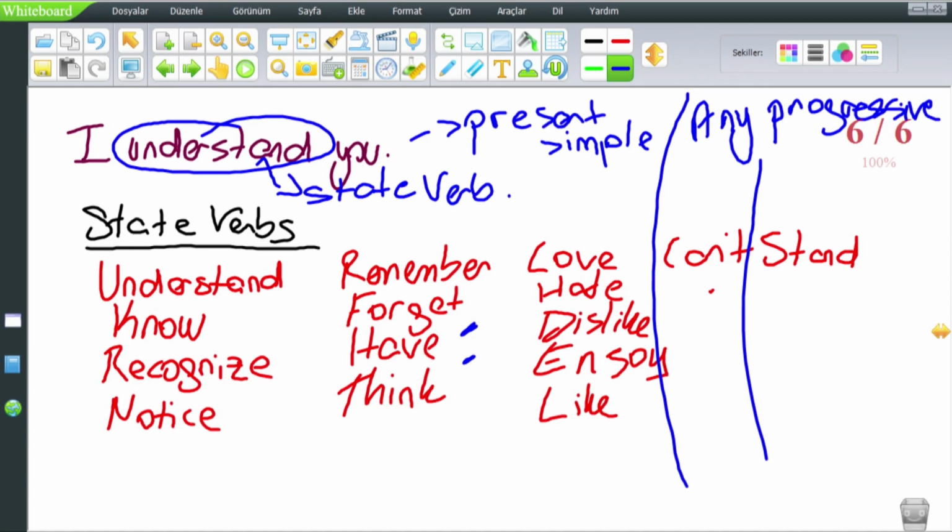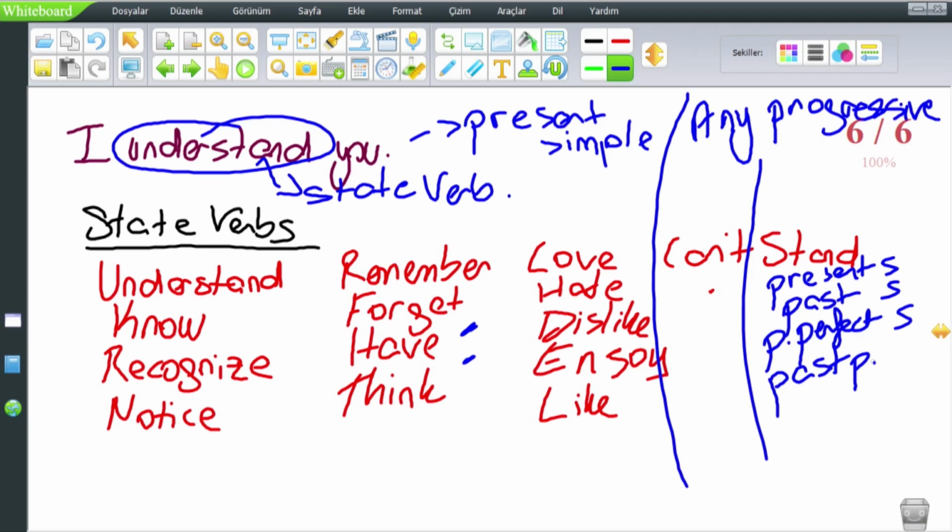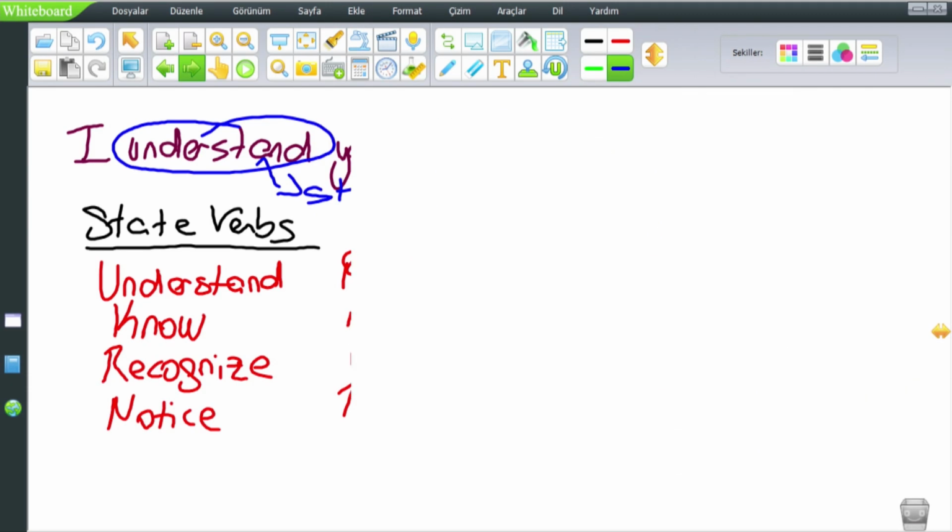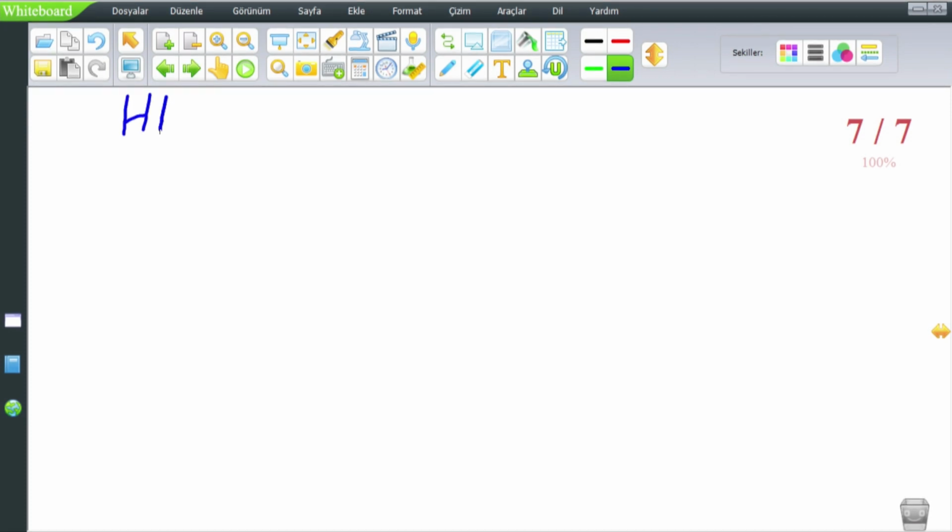We can only use them with, for example, present simple, past simple, present perfect simple, past perfect simple, future simple. But we cannot use these verbs in a progressive tense. I said that we have an exception with have and think.